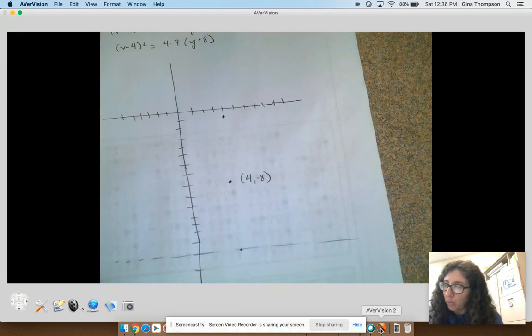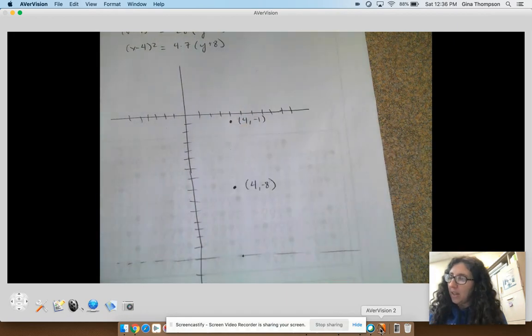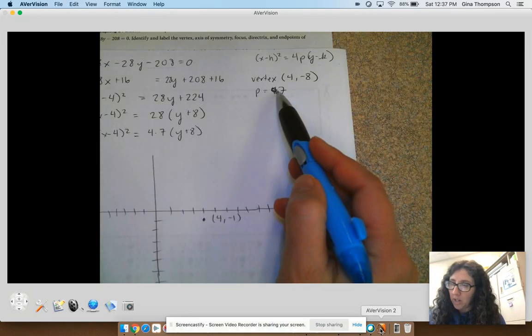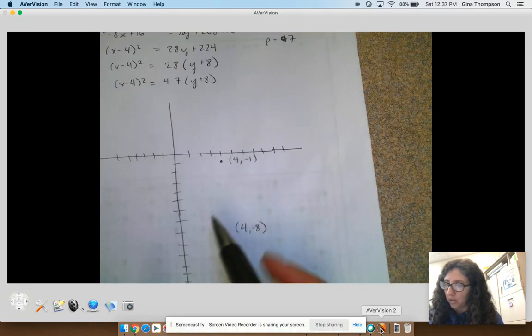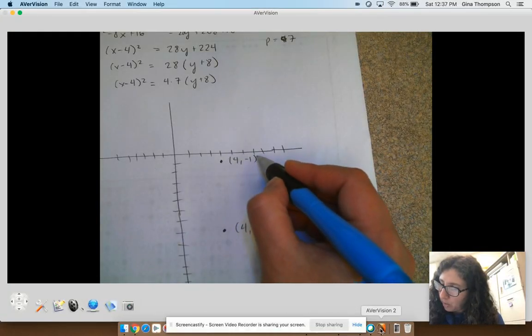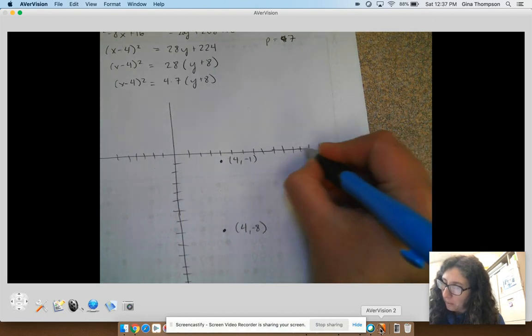The ends of our latus rectum, so this is 4, negative 1. The ends of our latus rectum are going to be 14, 2p, 14 units either direction, so way over here. 1, 2, 3, 4, 5, 6, 7, 8, 9, 10, 11, 12, 13, 14.